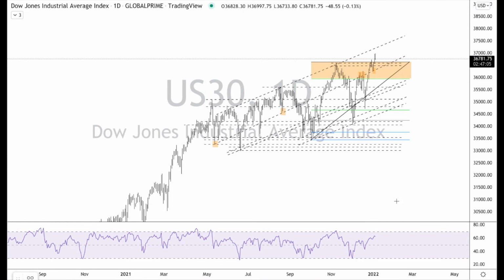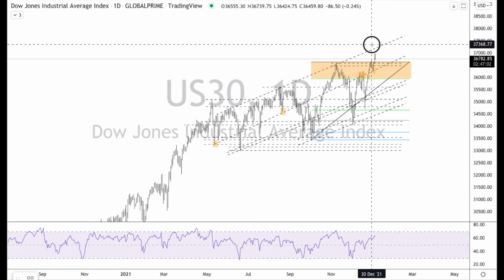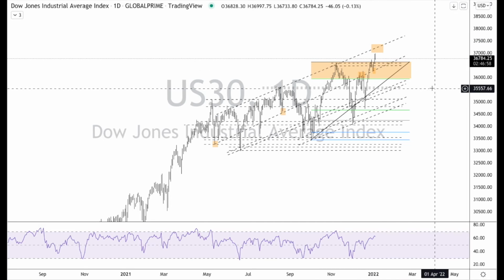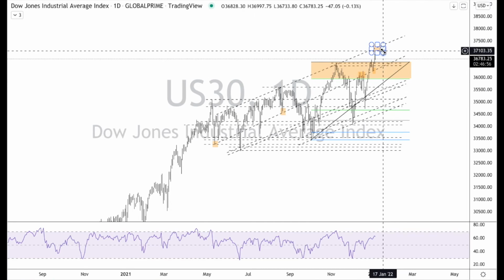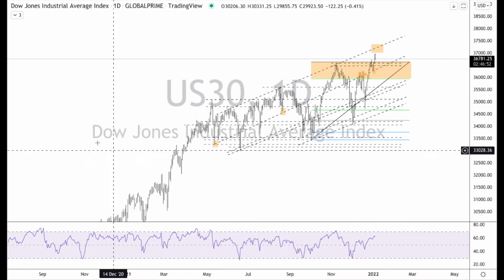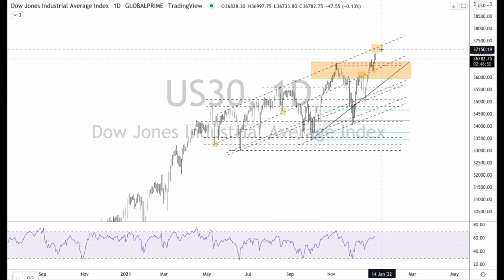This is the current trajectory of the price, heading to this area. If it starts to pull back at this level, this would be the perfect place to sell from. Absolute perfect place to sell from.